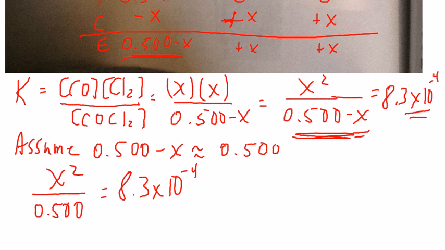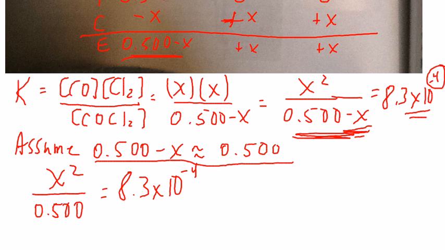On the AP, if you're in a situation like this and you note that the Kc value is rather small, 10 to the negative 4 or smaller, there's a good chance that you should follow this route and make this assumption. Of course, this wouldn't be true if Kc were not small. If Kc were larger, this assumption, that 0.500 minus x is about equal to 0.500, would not be true.